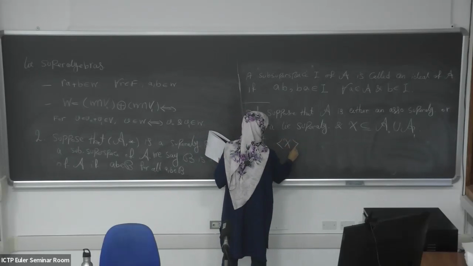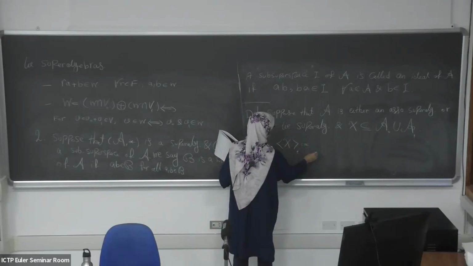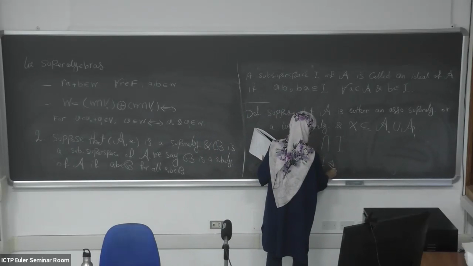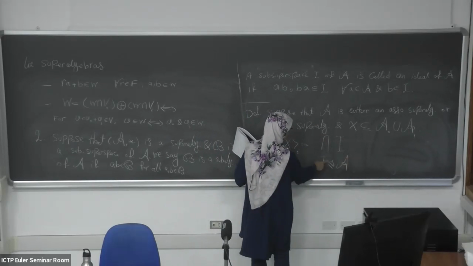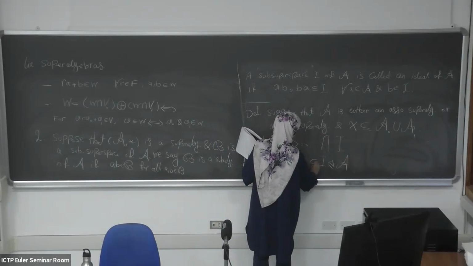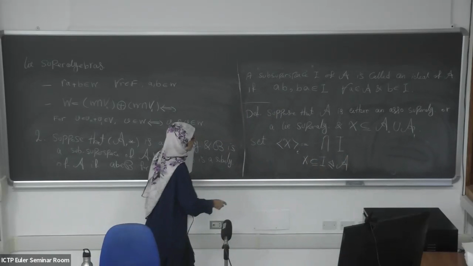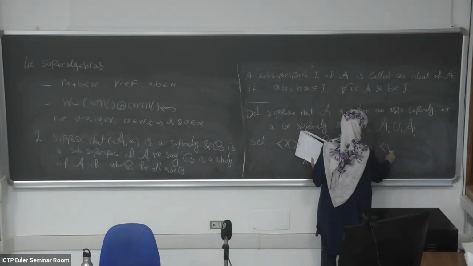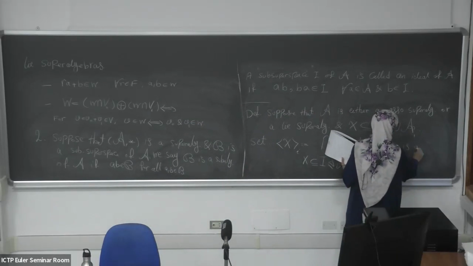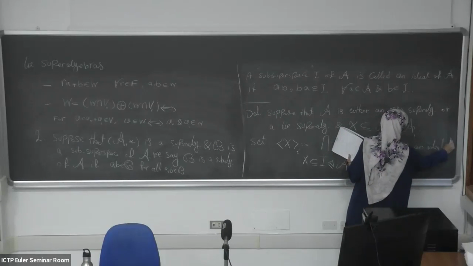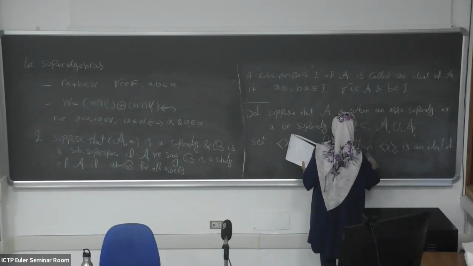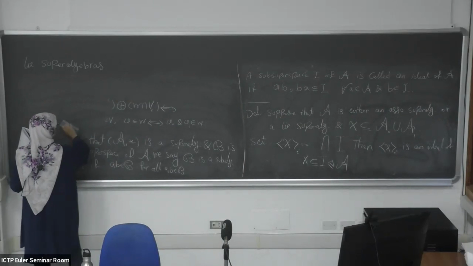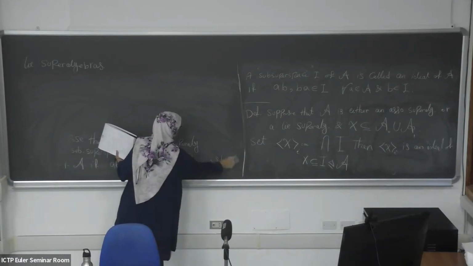Set (X) sub I to be the intersection of all I when I is an ideal of A containing this X. This notation is the notation for the ideal generated by X, and all the ideals containing this X. Then this (X) sub I is an ideal of A, which we call the ideal generated by X.